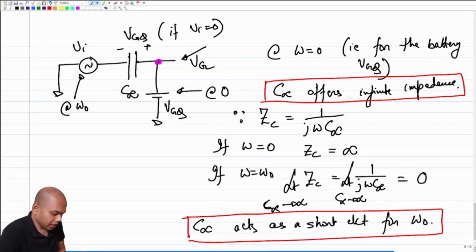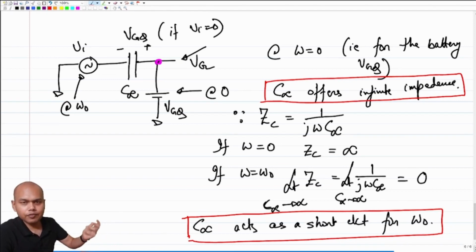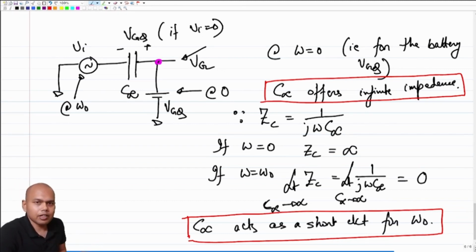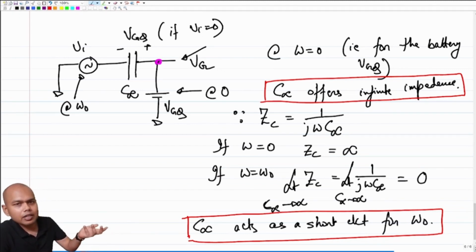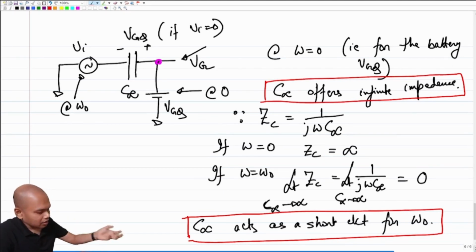It should not surprise us that C infinity is acting like a short circuit for omega naught, because what was C infinity replacing? C infinity was replacing a battery, right? And what is the incremental equivalent of an ideal battery? A short circuit. However, a battery also gives 0 impedance at DC.